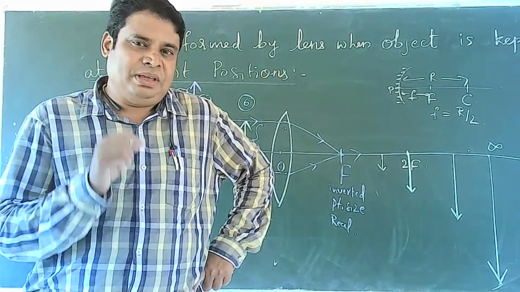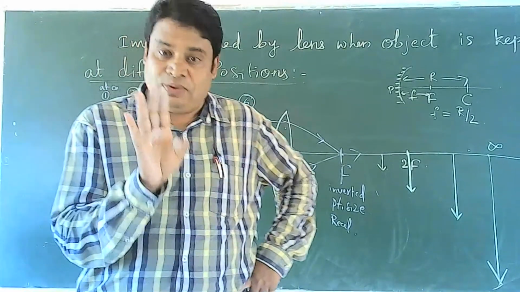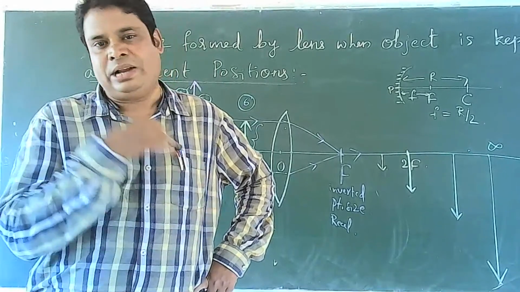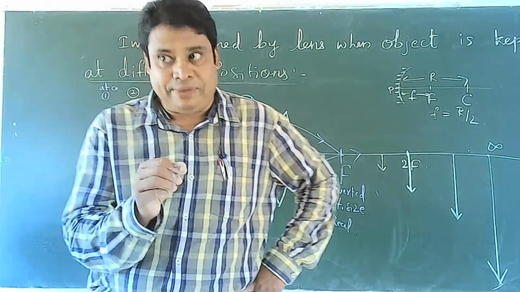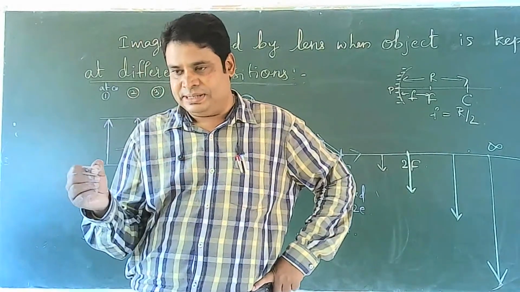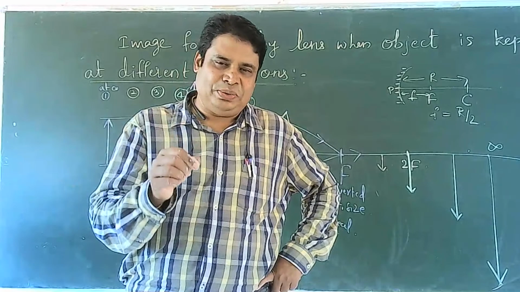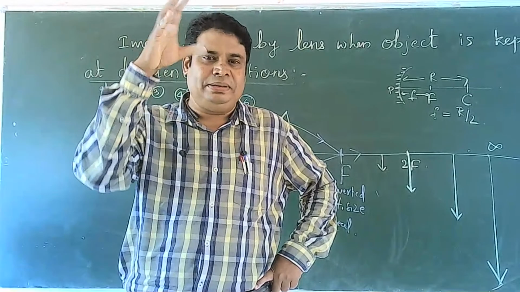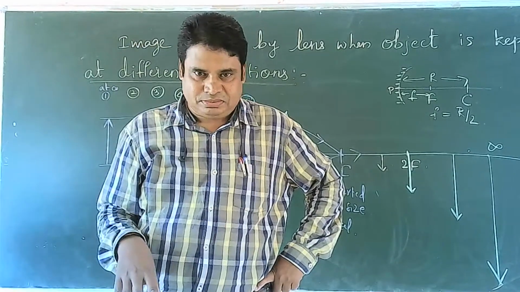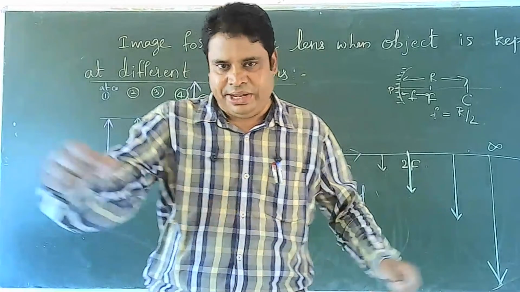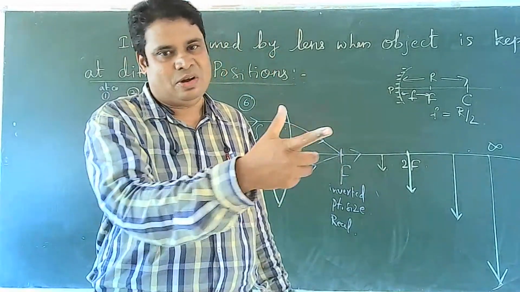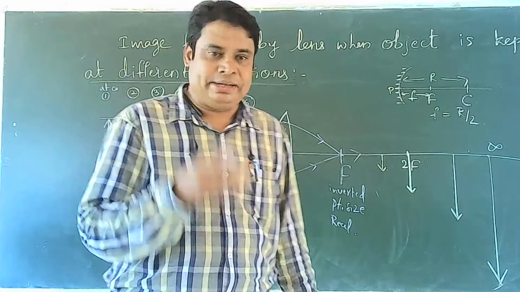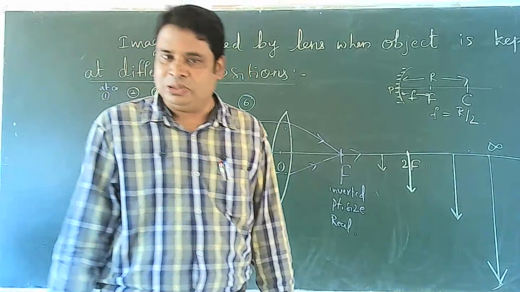If you are given the object distance and the focal length of your convex lens, you know the focal length, so you can calculate 2F and estimate, if I keep the object at a distance less than F, between F and 2F, or greater than 2F, where exactly your image will form. With this knowledge, it's very easy to measure image distance and object distance. You may not understand now, but while doing practicals, it is definitely very useful.